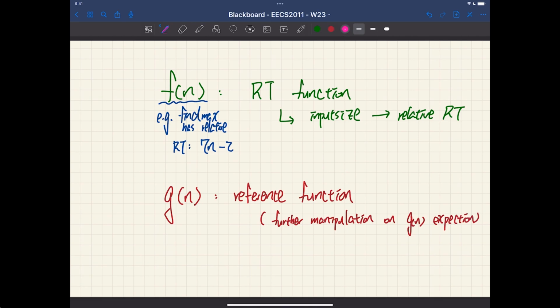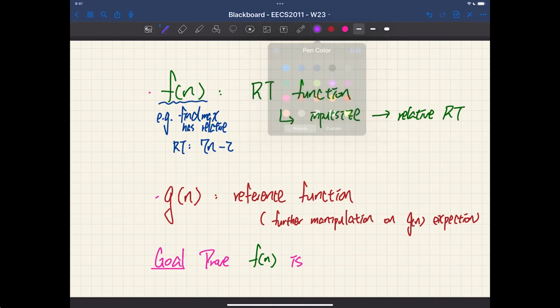Given f of n, given g of n, what's the goal usually? The goal is to prove that f of n, the running time of n, is big O of g of n.